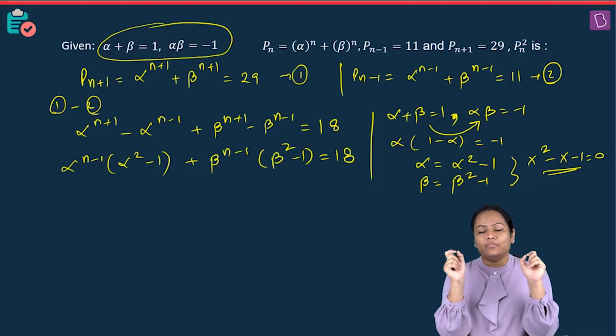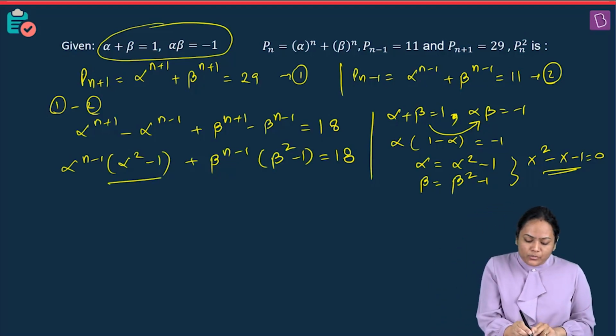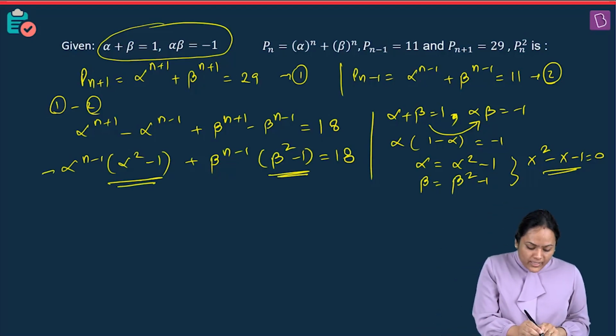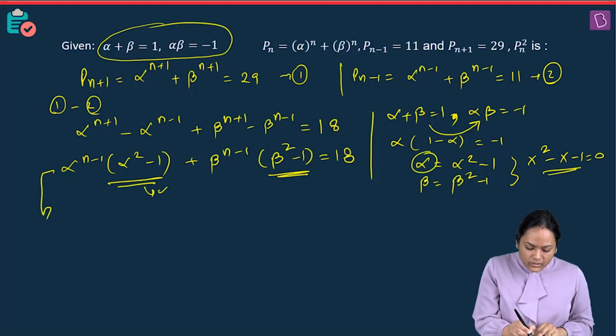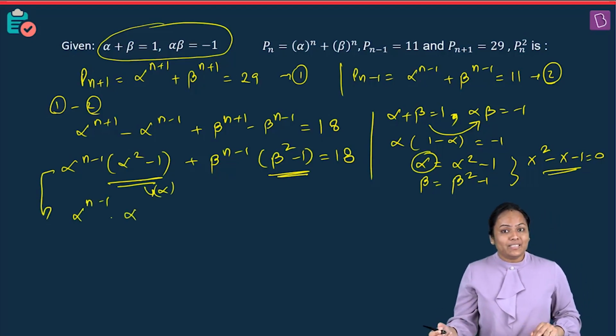And now we have arrived at the relation that we wanted. I already have my terms of alpha square minus 1 and beta square minus 1. So when I substitute alpha square minus 1 as alpha over here, it's going to become alpha raised to n minus 1 multiplied by alpha.